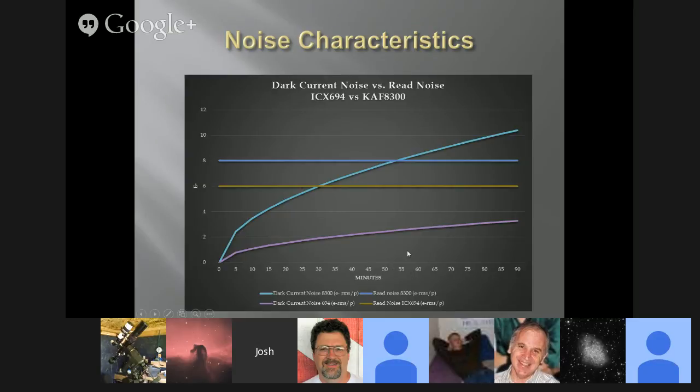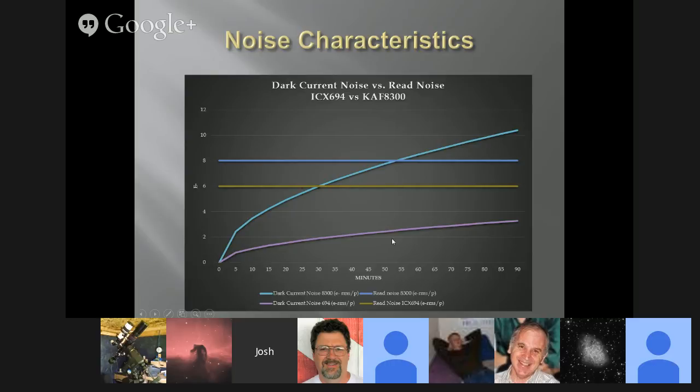The data for both of these graphs is taken at -10 degrees Celsius. So we'll talk later on about how you can actually make that dark current noise graph grow more slowly so that it does not reach the read noise.